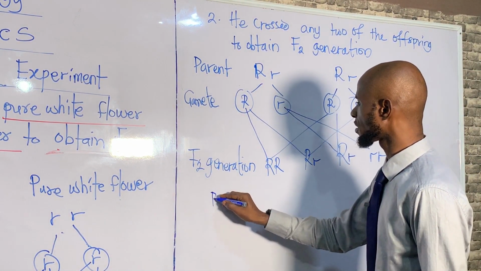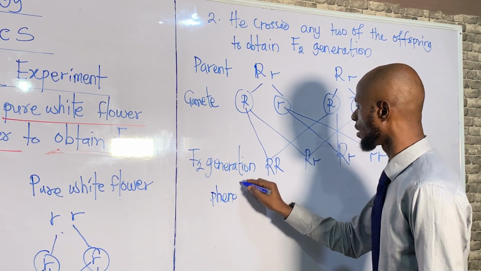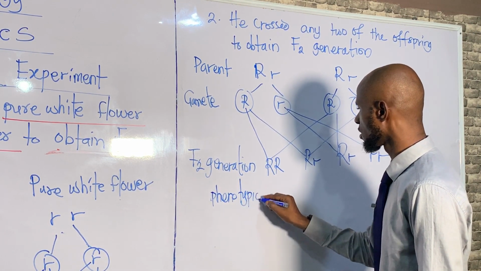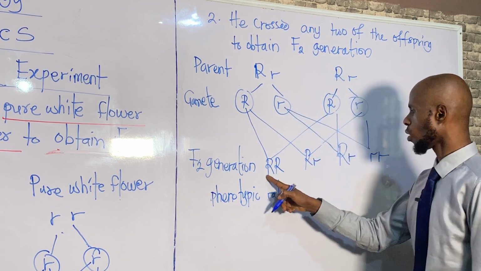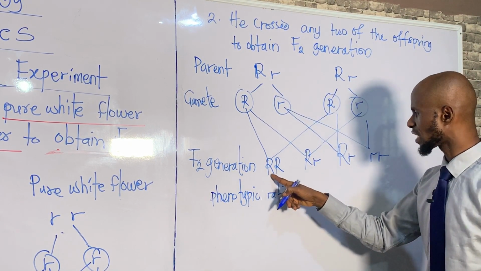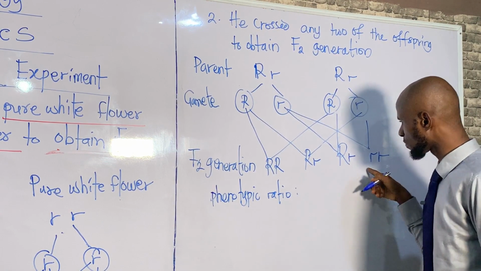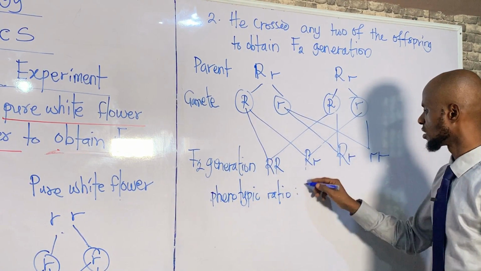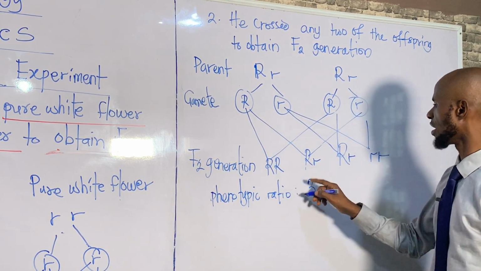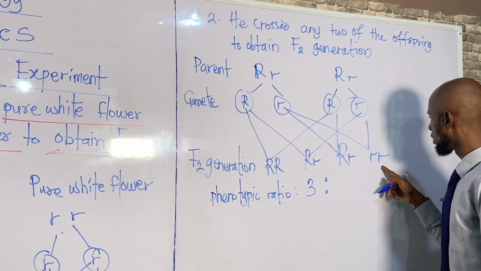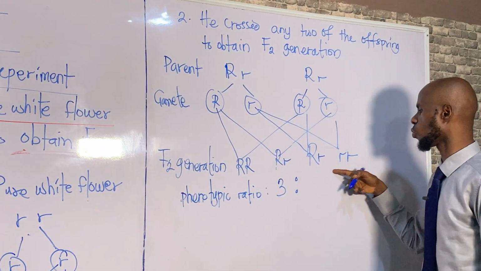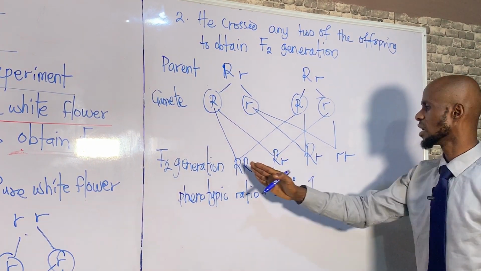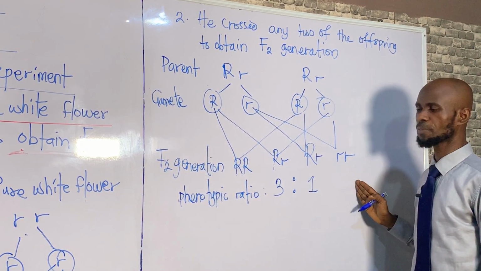Phenotype is the physical appearance, what you can see. Big R, big R, big R means they are all red, so we have three red. Small r has to be white, so one white. This is just the physical appearance.